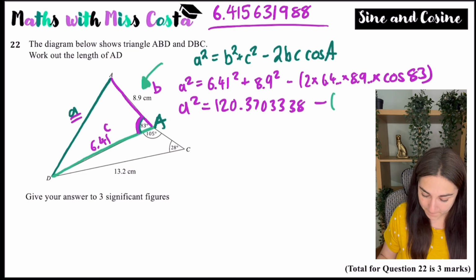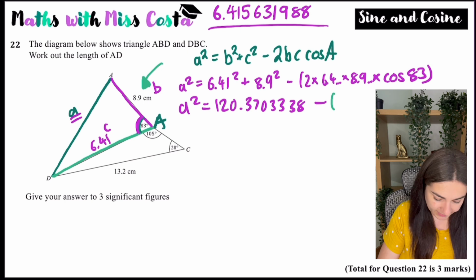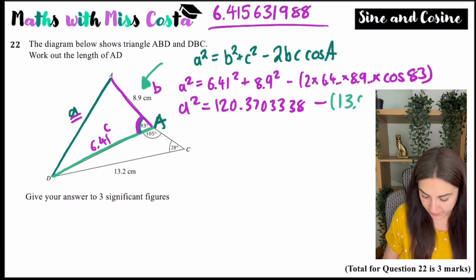It just happens. So 2 times by 6.415631988 times by 8.9 times by cos 83 is 13.91726567.